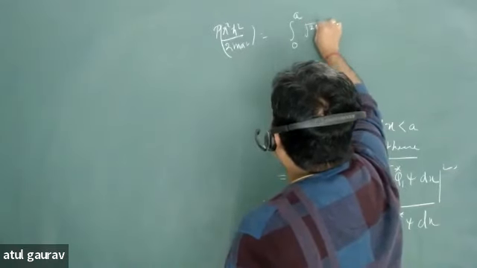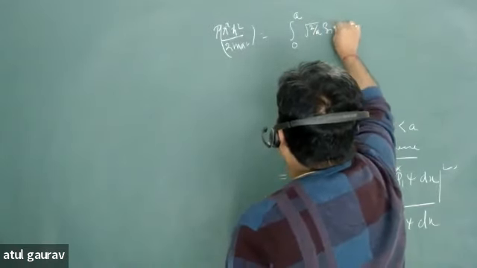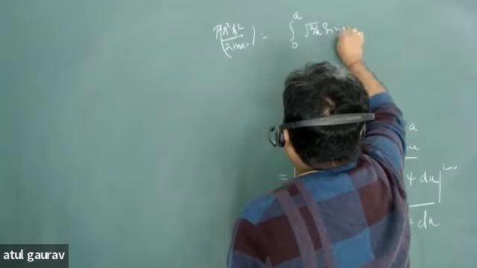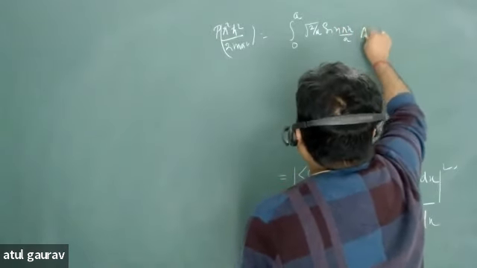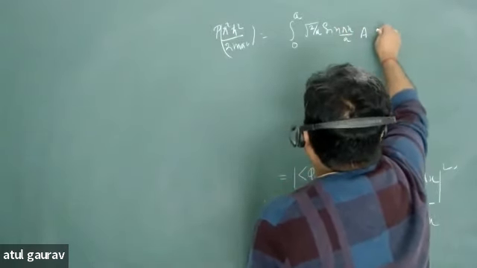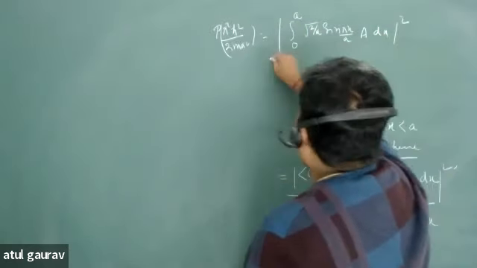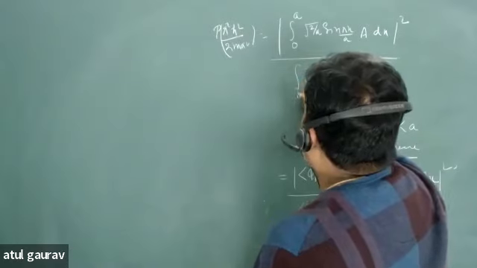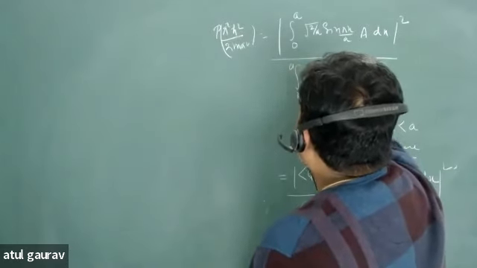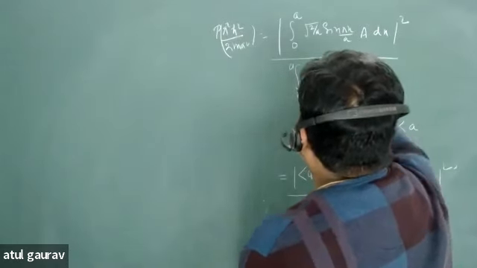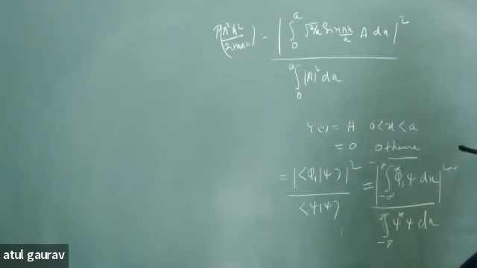And that value is √2 upon a sin pi x upon a, and this value is mod a dx, and we have to take mod square, and in the denominator again you will go for mod a square dx. Everyone is comfortable? Yes or no?